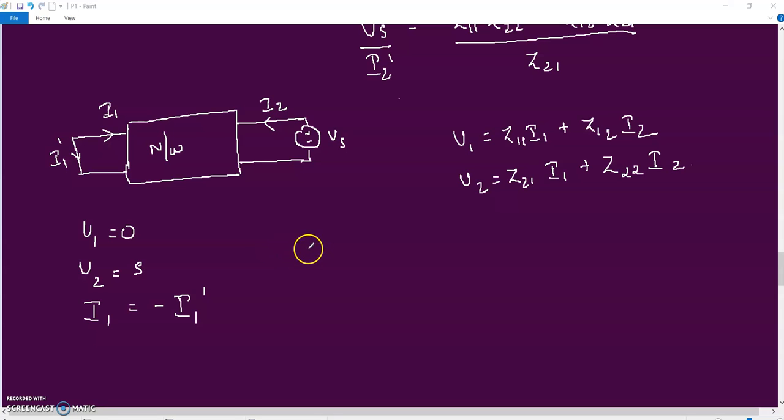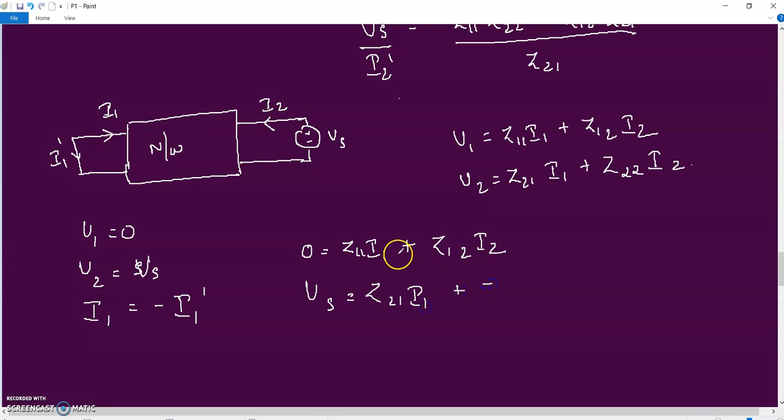That is, 0 is equal to Z11 I1 plus Z12 I2, and V2 is equal to Vs, so Vs is equal to Z21 I1 plus Z22 I2, with I1 replaced by minus I1 dash.